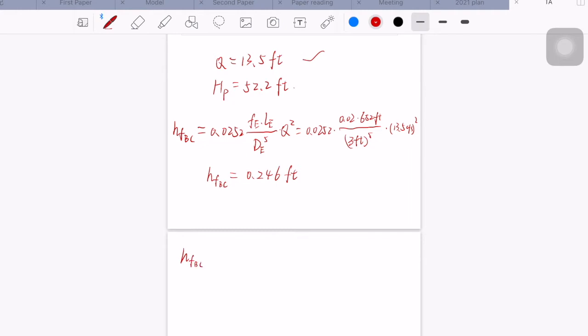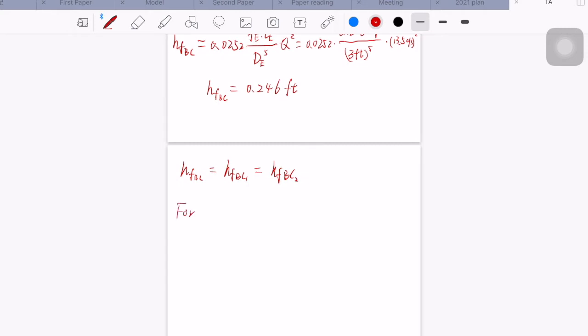And since branch BC1 and branch BC2 are parallel pipes, we know the H_F,BC should equal H_F,BC1 equals H_F,BC2. So for branch BC1, the head loss H_F,BC1 equals 0.246 feet equals 0.0252 times F1 times L1, where L1 is the length of branch BC1, divided by the diameter of branch BC1 to the power of 5, times Q1 squared.